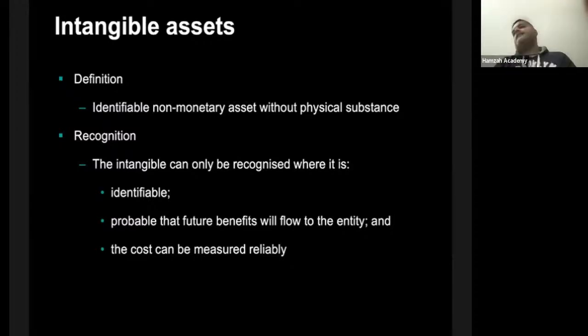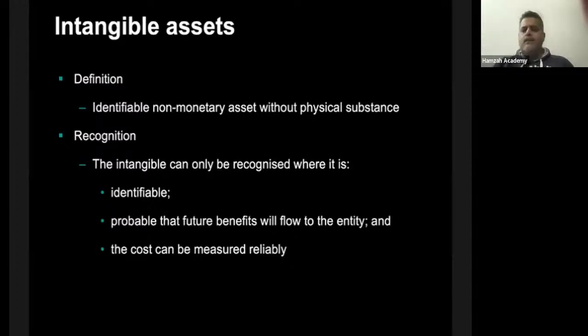So these brands cannot record their own name as an intangible asset in their financial statements, because it's not separable from them. If we try to separate it, the whole business will cease to exist, so we cannot do so, right?